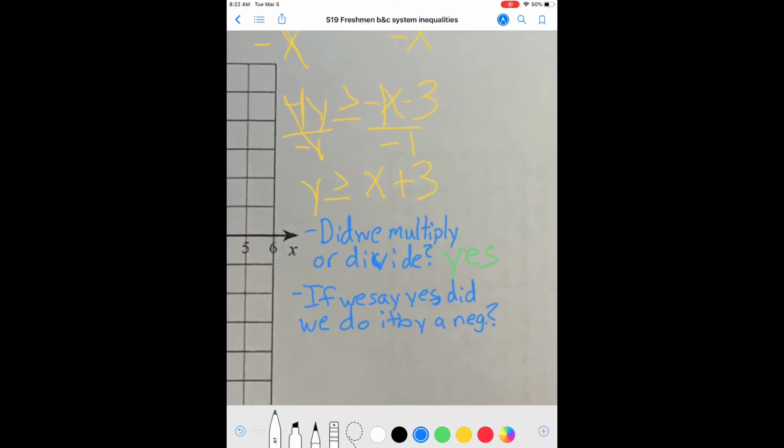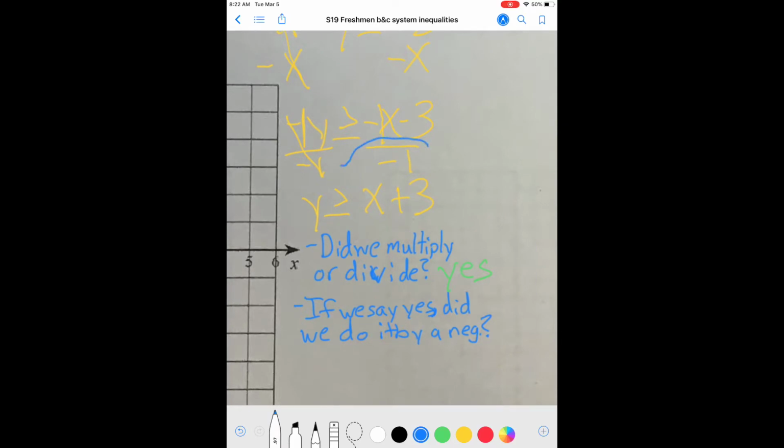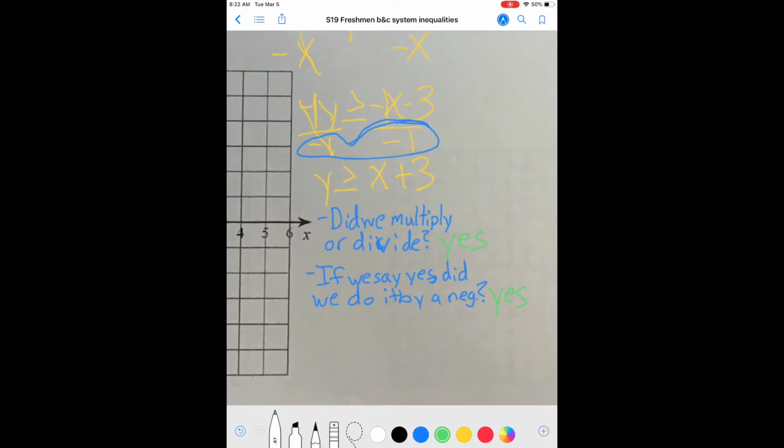Yes, we divided by -1 right there. So, yes, we did. If yes for both, then flip the sign.